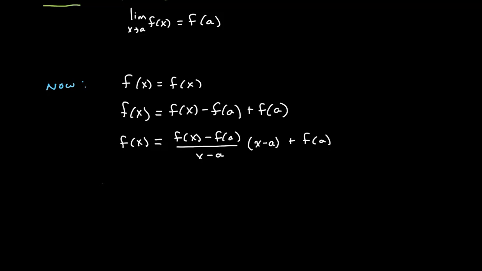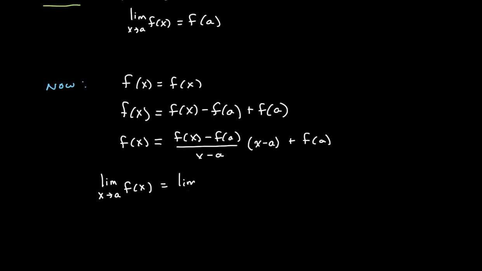I am next going to take the limit of the statement. I'm going to take the limit of both sides. I'm going to take the limit as x approaches a of the left-hand side, and that will equal the limit of the right-hand side. Now, on the right-hand side, I'm going to employ properties like the limit of a product is the product of limits, and the limit of a sum is the sum of limits.